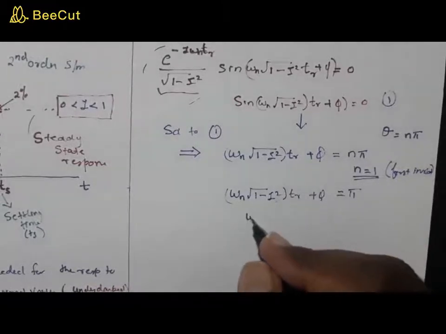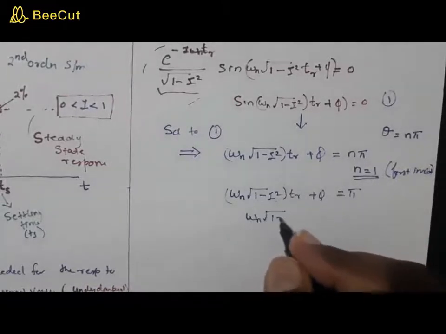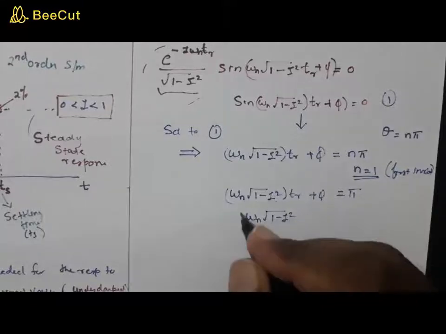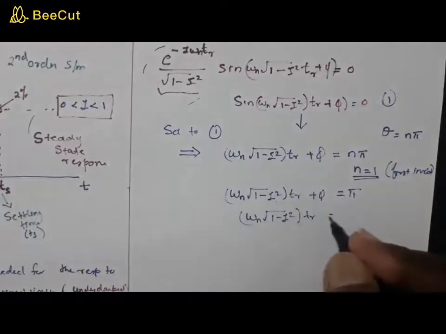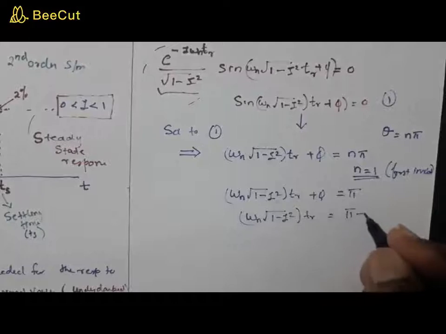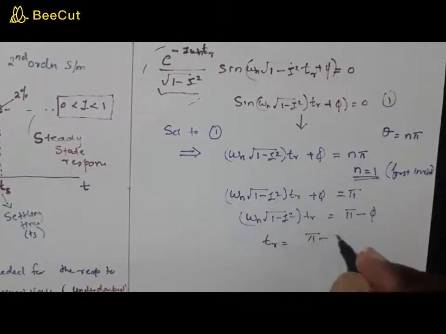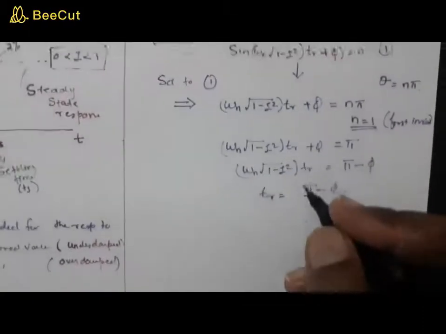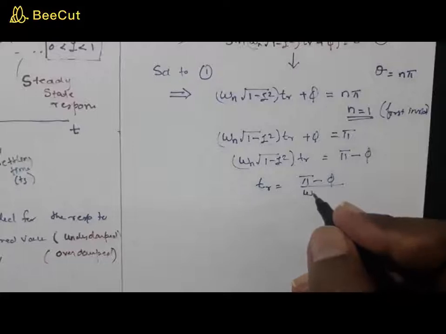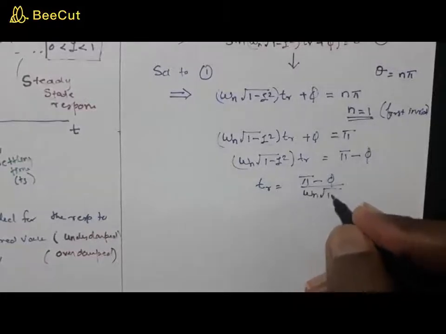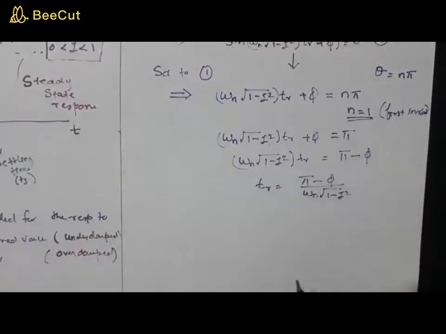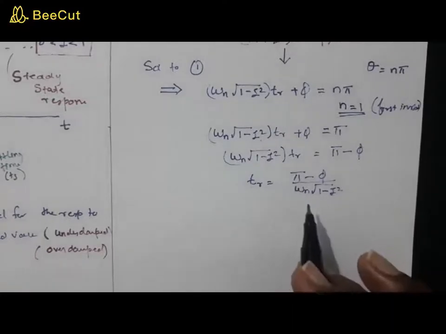Or omega n into root of 1 minus theta square into tr is equal to pi minus phi. So tr is equal to pi minus phi divided by omega n into root of 1 minus theta square, right? So this is tr.